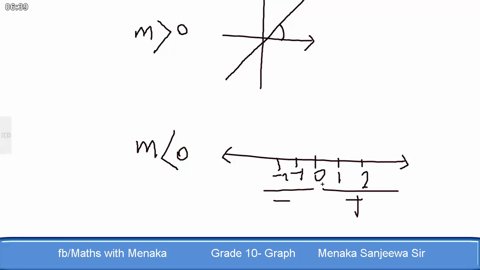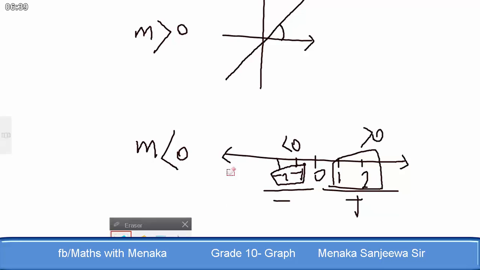So to represent positive numbers, we write greater than 0. To represent negative numbers, we write less than 0. So if m is positive, we write m greater than 0. If m is negative, we write m less than 0.